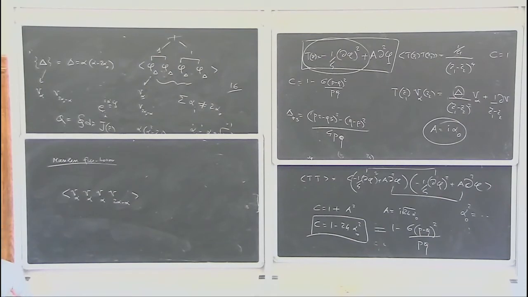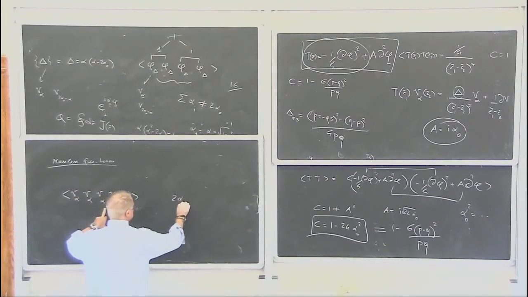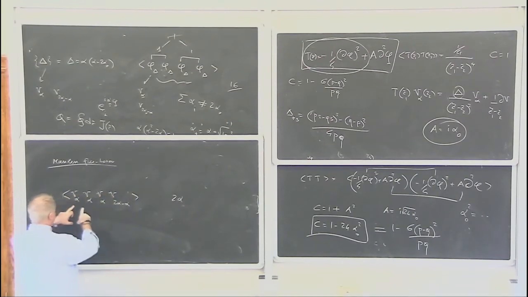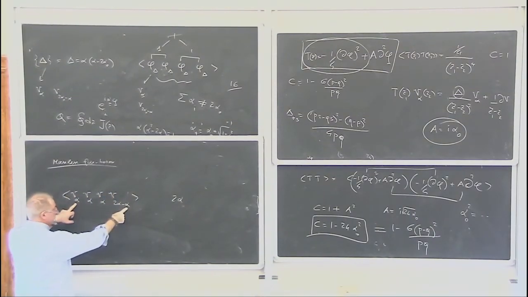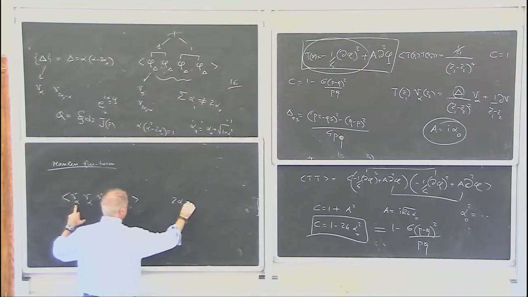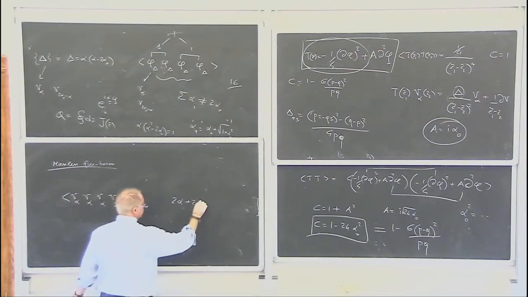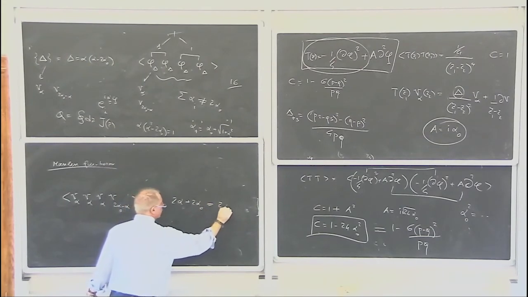It's one of the possible 16. Okay? What is the total charge here? The total charge is 2 alpha 0, plus the extra charge, because I have alpha, alpha, 2 alpha 0 minus alpha, which is 2 alpha plus 2 alpha 0. This has to be equal to alpha 0.